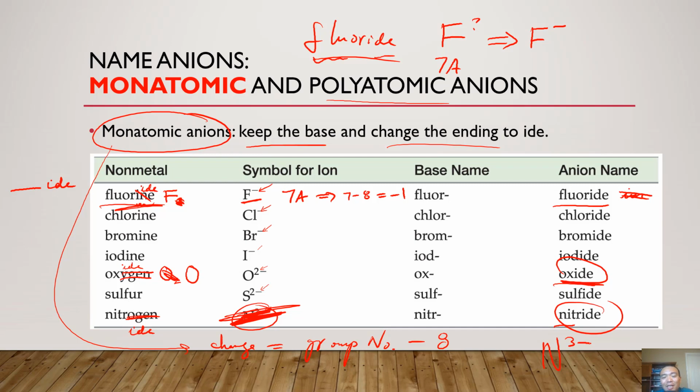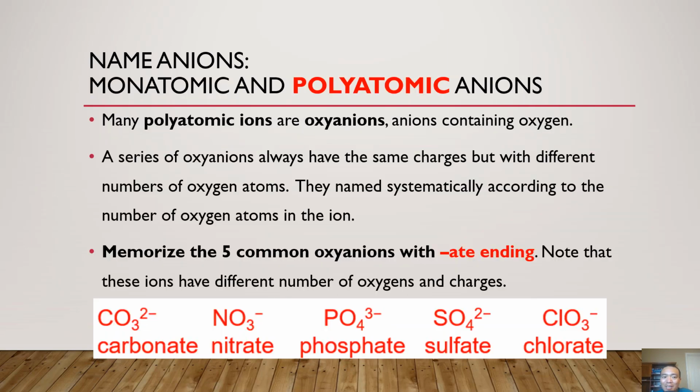Now the second type of anion, which is polyatomic anion. Sometimes it's also called oxyanions because they usually contain oxygens. Not always, but usually they do. Okay? So for oxyanions, you have many different ways to do it, but I'm going to introduce to you a good way to speed up the memorization process.